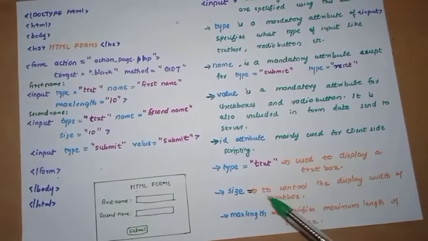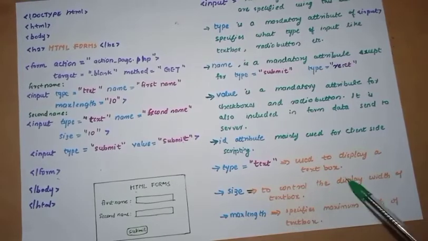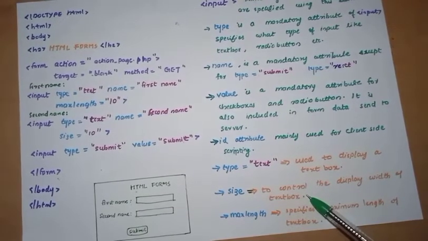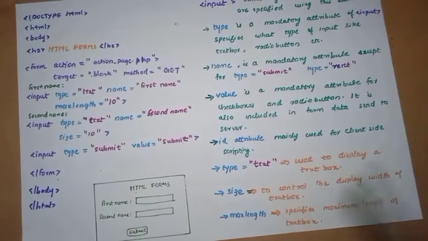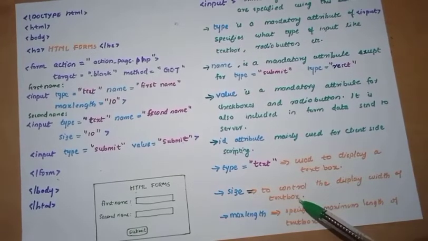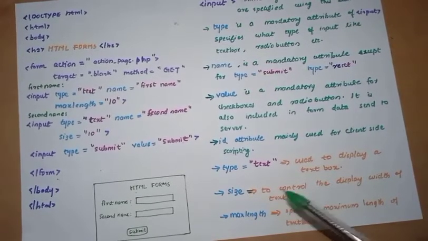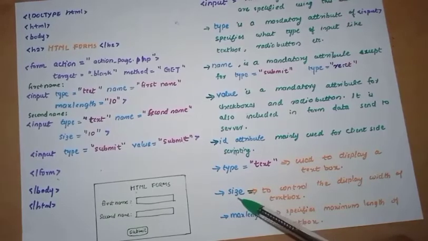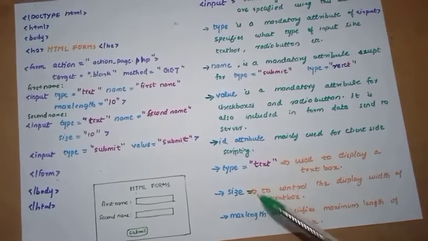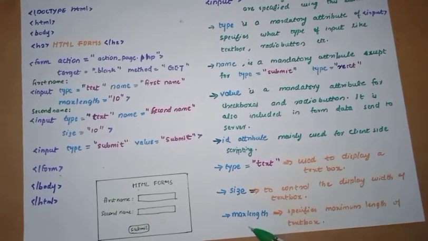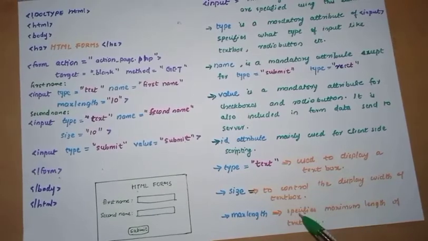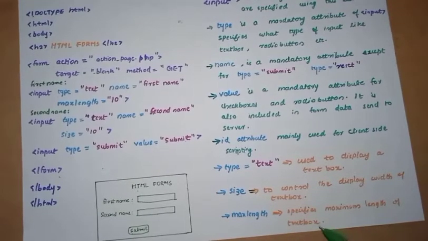Size is used to control the display width of the text box. The width in which I want to display my text box should be mentioned using this size attribute. The next one is maxlength. It specifies the maximum length of the text box.